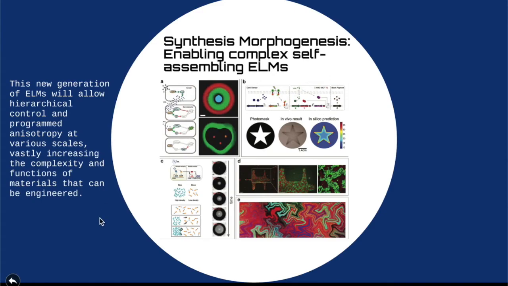So when they are developed into various scales, they will have complexity, and they will recreate the materials by themselves. They have the self-assembly property. Okay, yeah, this is really difficult to understand from this picture, but that is what this is all about, the synthetic morphogenesis.